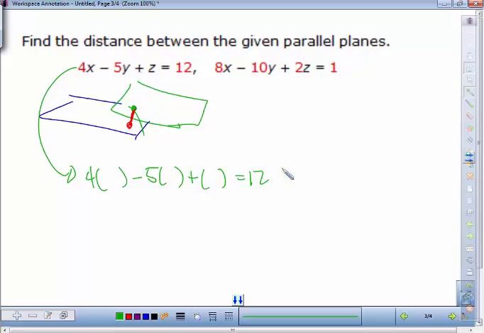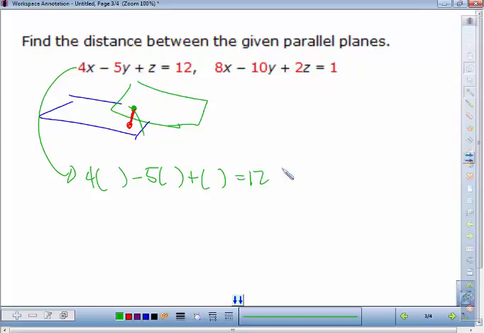And as a matter of really just guessing and checking, all you really have to do is find values of x, y, z that would satisfy this plane. And if it satisfies this plane, then it must be on the plane. What would a good guess be?